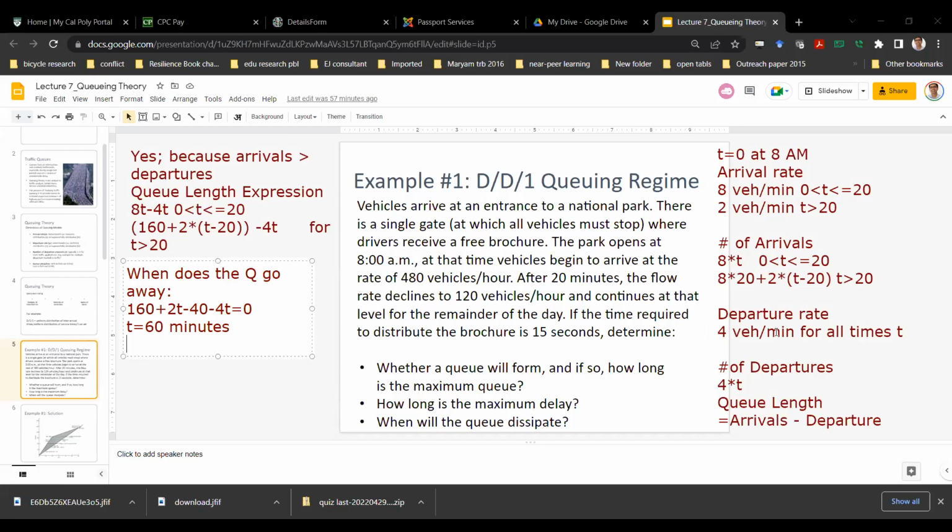Okay, so the next thing is, how long is the maximum delay? Maximum delay is interesting because, just like queue length is defined by arrivals minus departures, the delay is defined as what? If the queue length is arrivals minus departures, how would you define delay though? Yes, like the maximum speed.